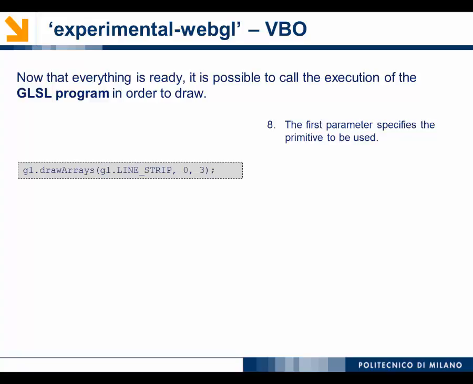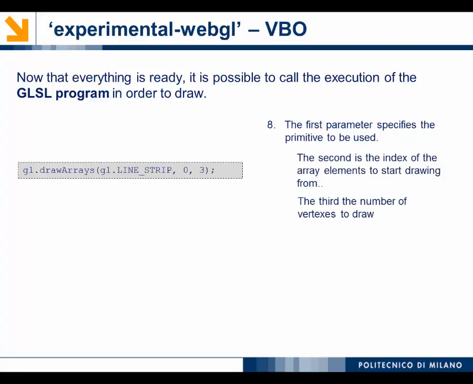Should I use a line loop, I will see the triangle closed. 0 and 3 means that I can send, for example, a blob of much more vertices with respect to those I intend to draw, and on subsequent calls, for any given reason, in the first call I just want to draw from the 0 to the 5th, then from the 6th to the 100, etc.